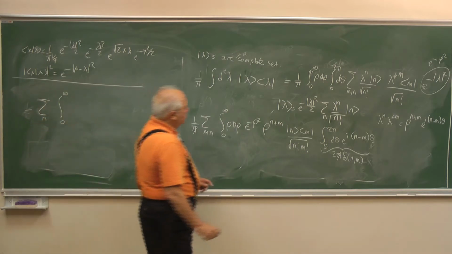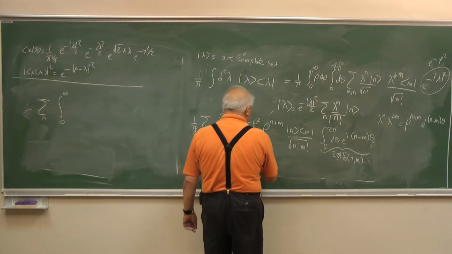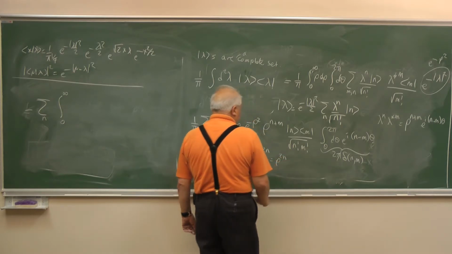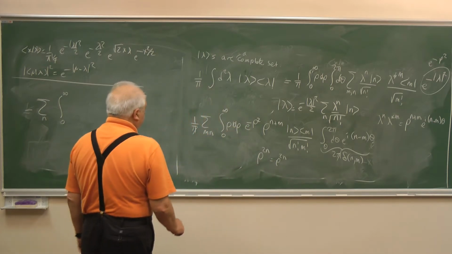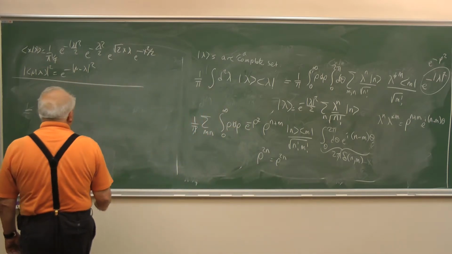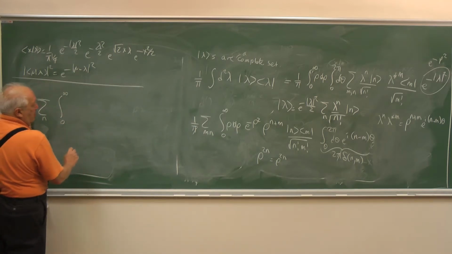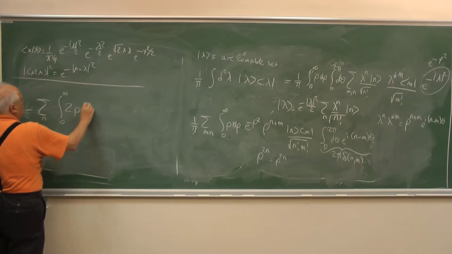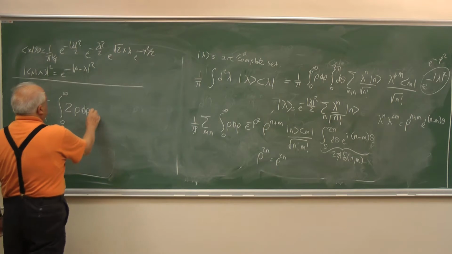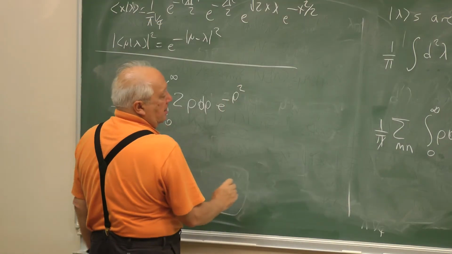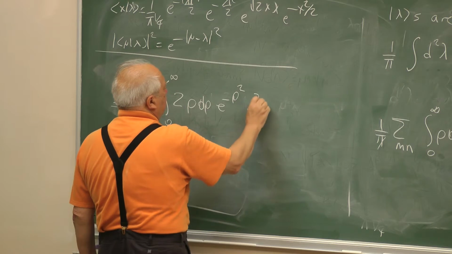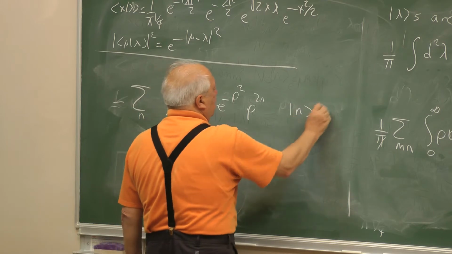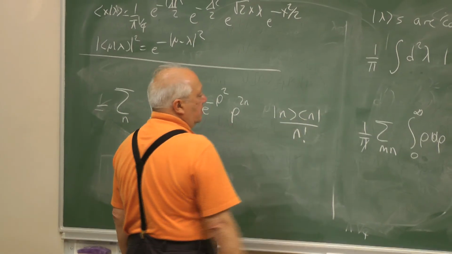So when n is equal to m, I have rho to the 2n, or rho square to the n. Here I have 2 rho d rho, then e to the minus rho square, then rho to the 2n, then n divided by n factorial.